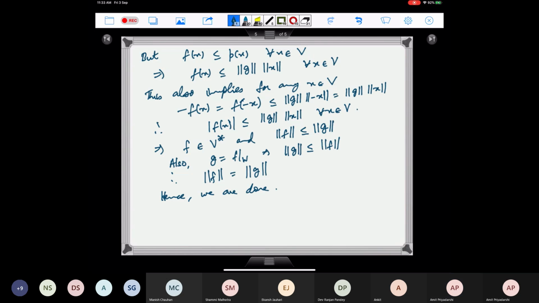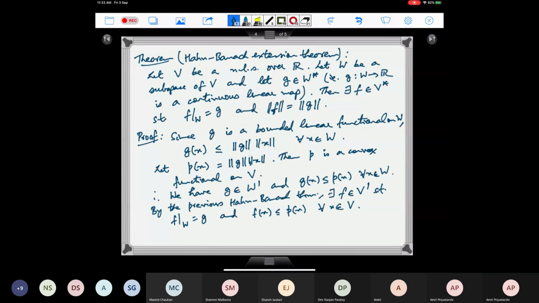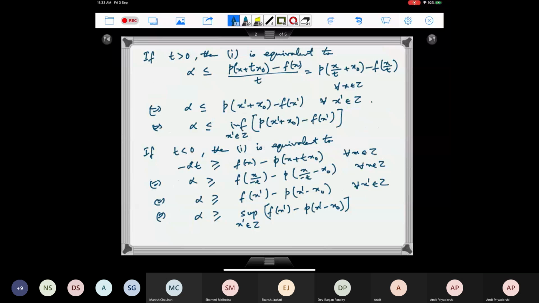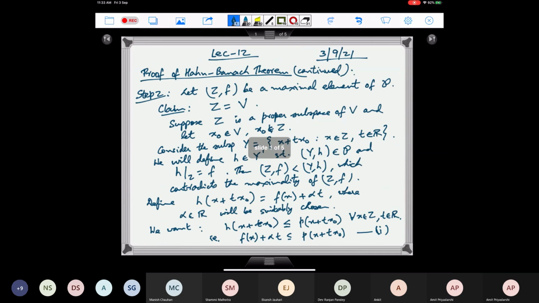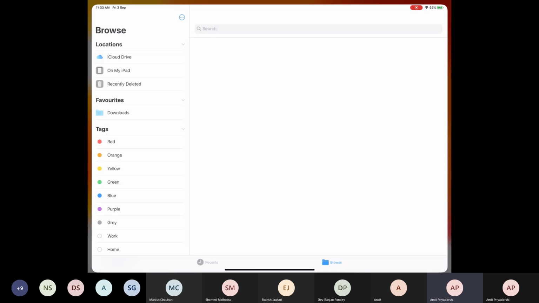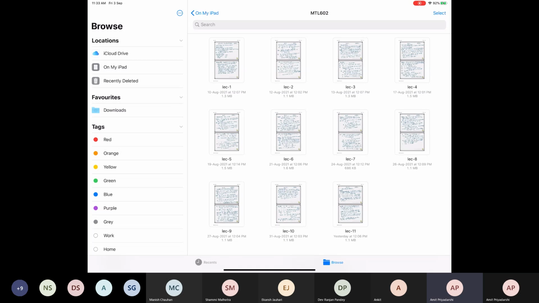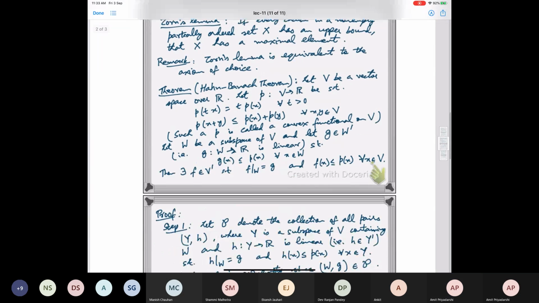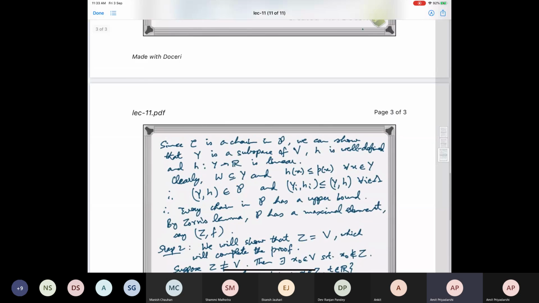No, so see, the thing is that if you have a complex vector space, then these things are complex numbers, right? So the previous theorem that we had, let me show. So this was the theorem, right?